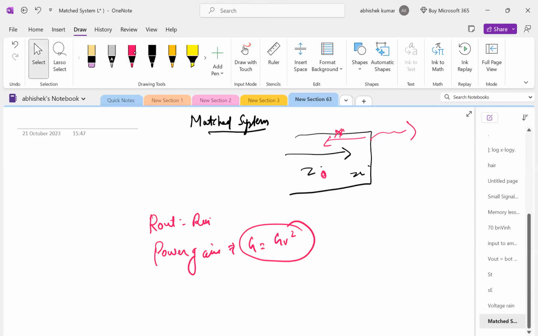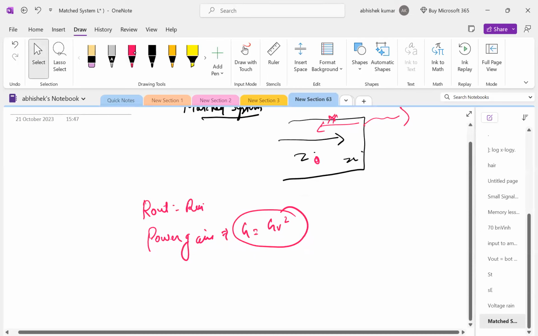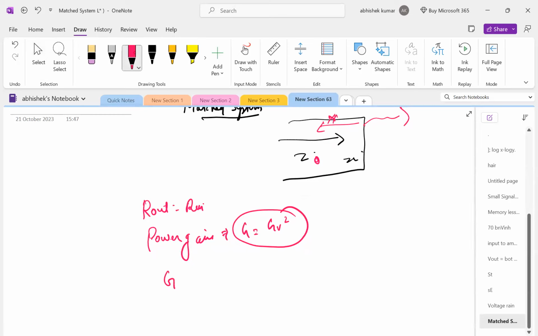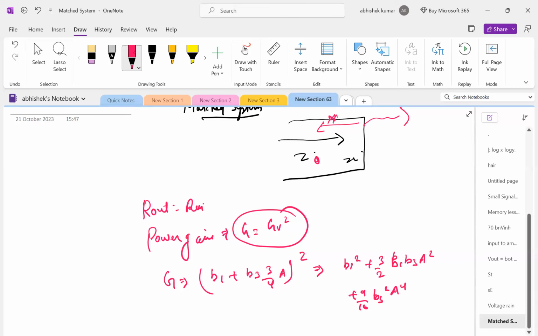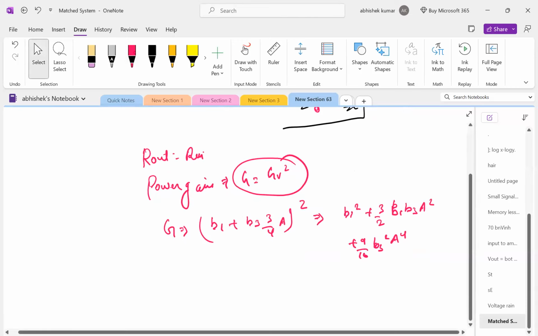When our power gain Gp equals Gv square, what does it mean? Now, what is your power gain? That is Gv square, where Gv is b1 plus 3 by 4 b3 a square, our voltage gain. That is equal to b1 square plus 3 by 2 b1 b3 a square plus 9 by 16 b3 square a to the power 4.